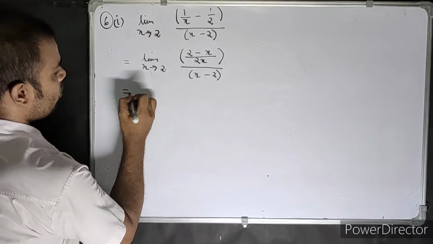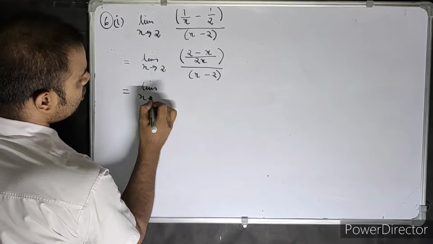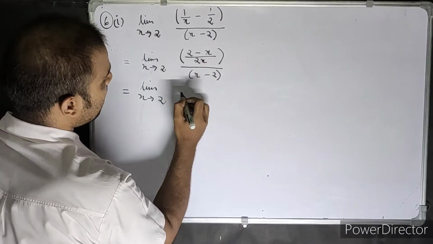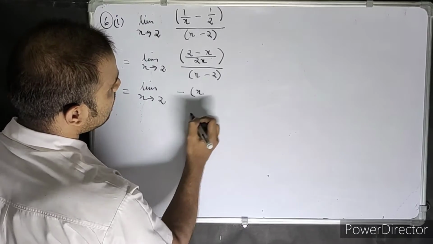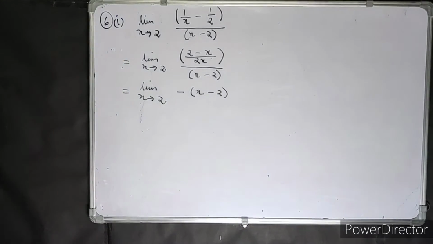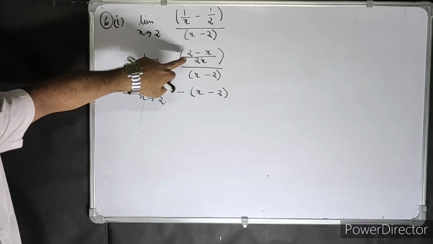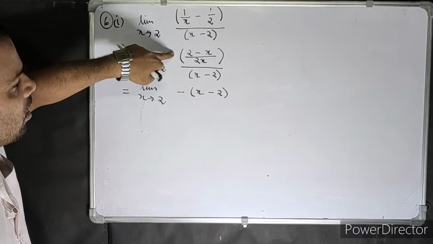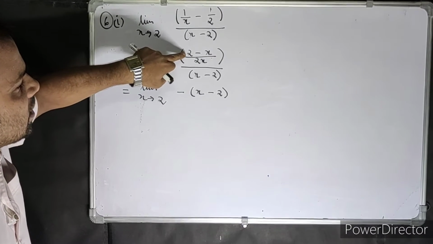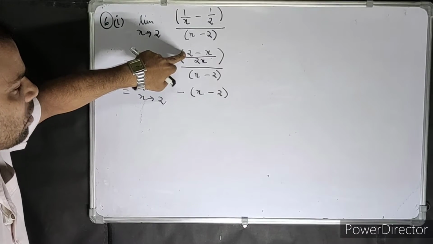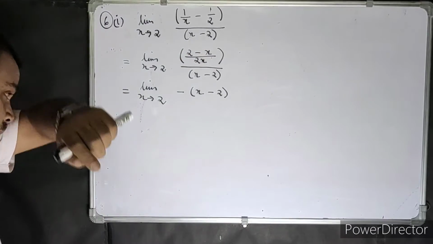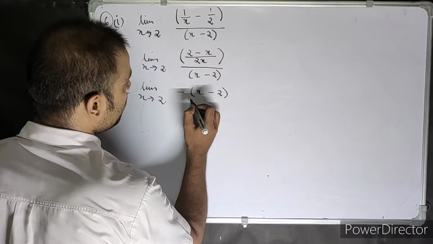So on top, what can you do? You can just do this. Take out the minus sign and you can write plus x and minus 2. See, take out a negative sign and write a negative over here. Then inside, the plus term becomes minus and the minus term becomes plus. It's very simple.